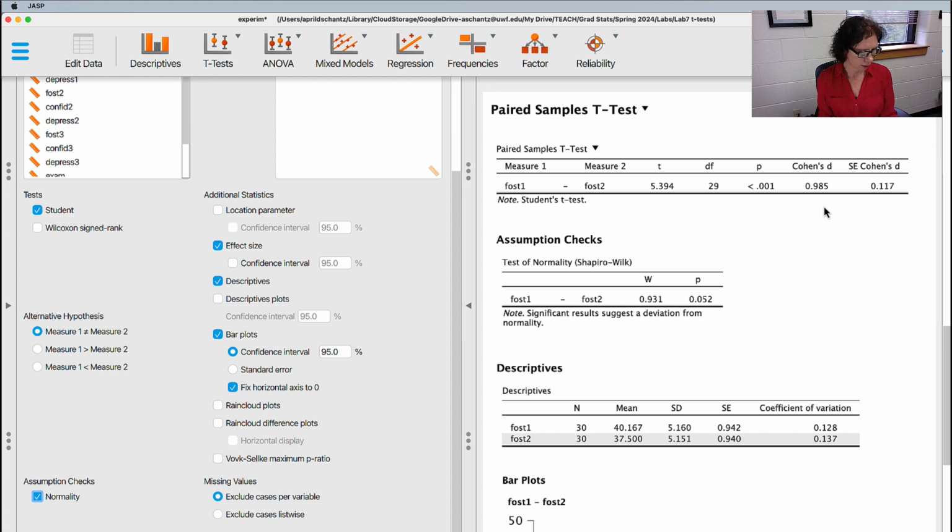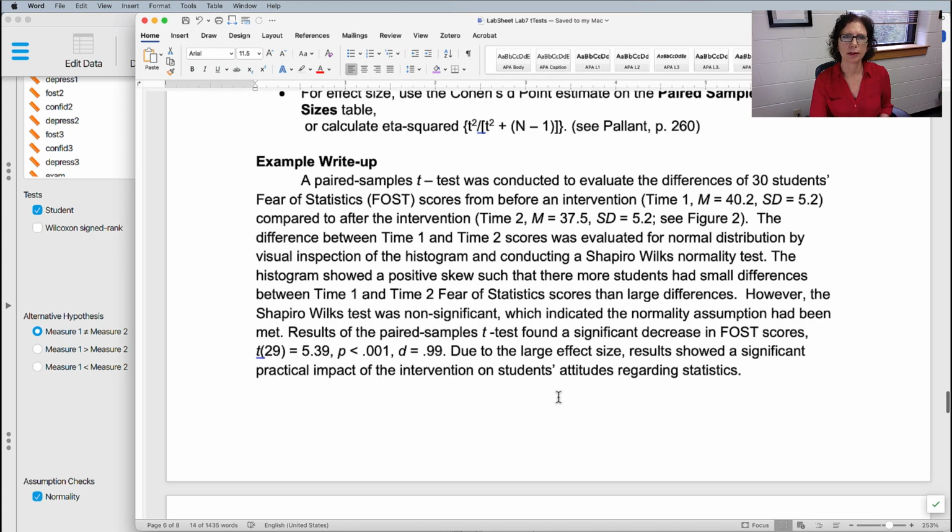Let's take a look at the write-up for this one. A paired samples t-test was conducted to evaluate the differences in 30 students' fear of statistics scores from before the intervention and after the intervention. So that's a good place to give your reader the details as far as the summary statistics for those continuous variables of fear of statistics at time 1 and fear of statistics at time 2. You let your reader know if there's a figure.